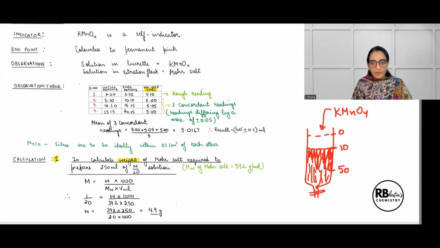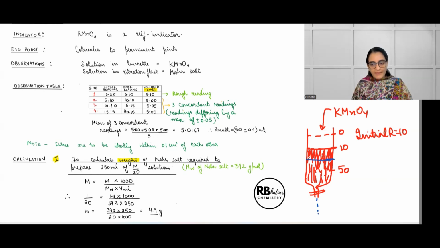Initial reading we note down as 10. This is the initial reading, as you can see now. Initial reading is 10. And then we're going to pour out some liquid and note down the new reading. We are going to pour out the liquid from here to do the calculation. And let us say the new reading is 15. So the final reading is 15, which will tell us that the volume of liquid drawn out is going to be 5 ml.